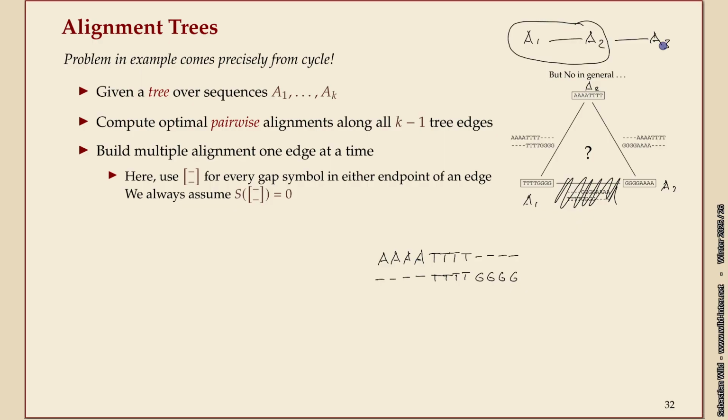We kind of contracted this edge by building the alignment. And now we add in A3. And so we have an alignment with A2. Let's not be confusing more than necessary. Let's say this is A1, this is A2. Now I'm trying to add A3. I have an alignment with A2, which is right here.